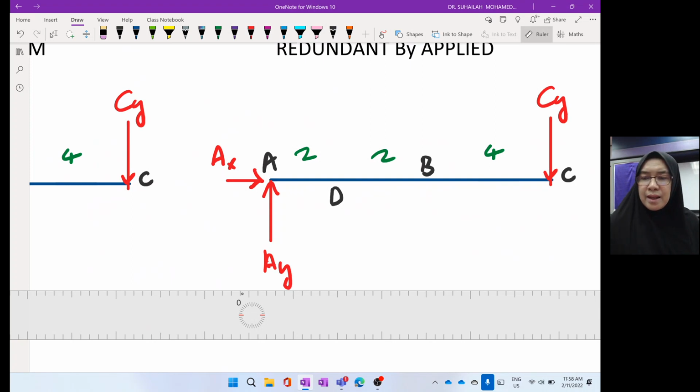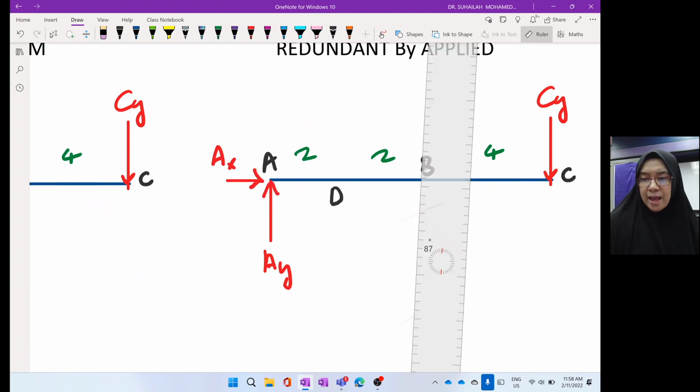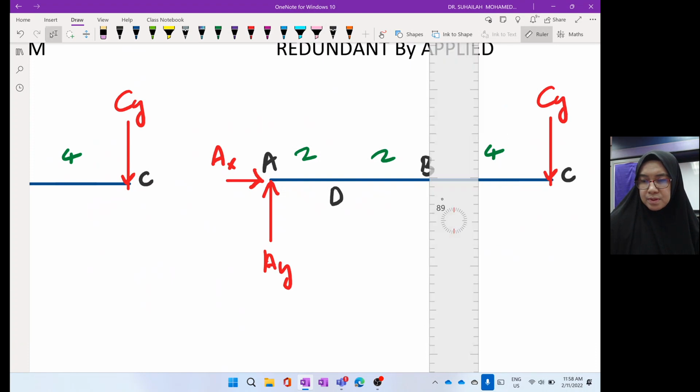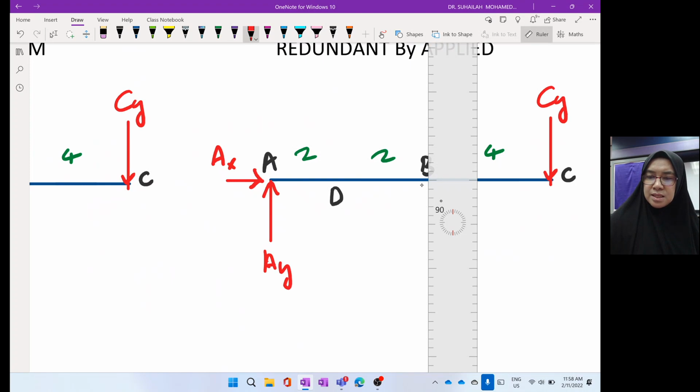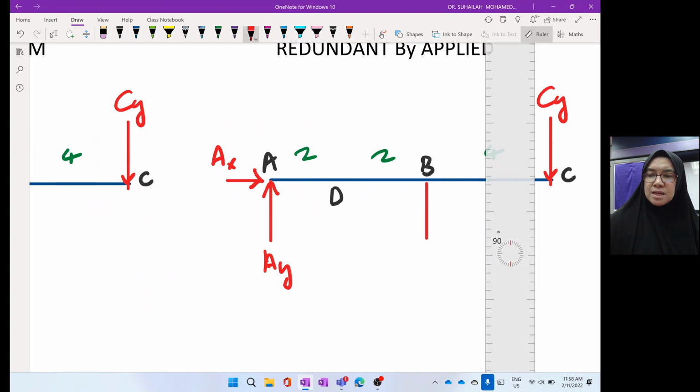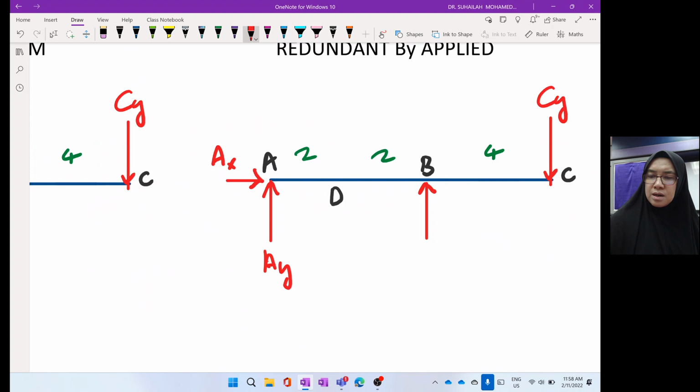Now we will substitute a unit value of By. This is a determinate system subjected to a unit value of By.